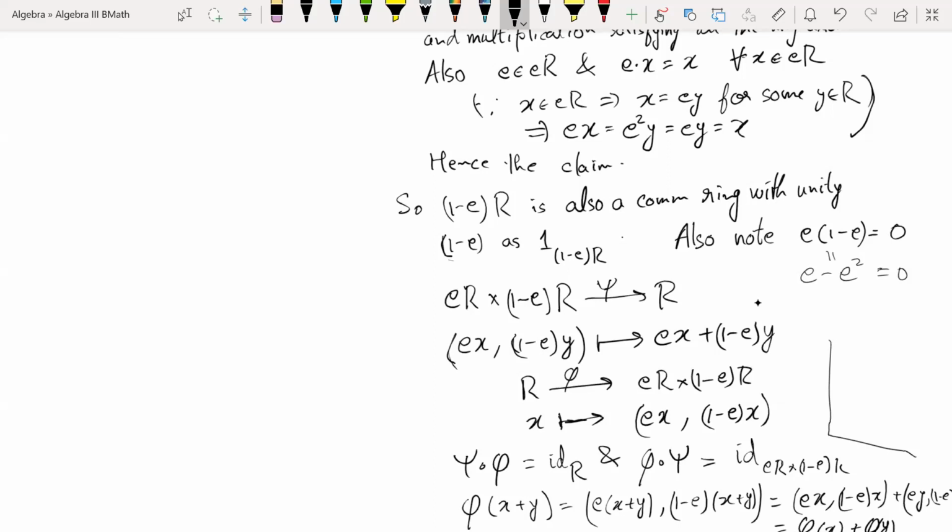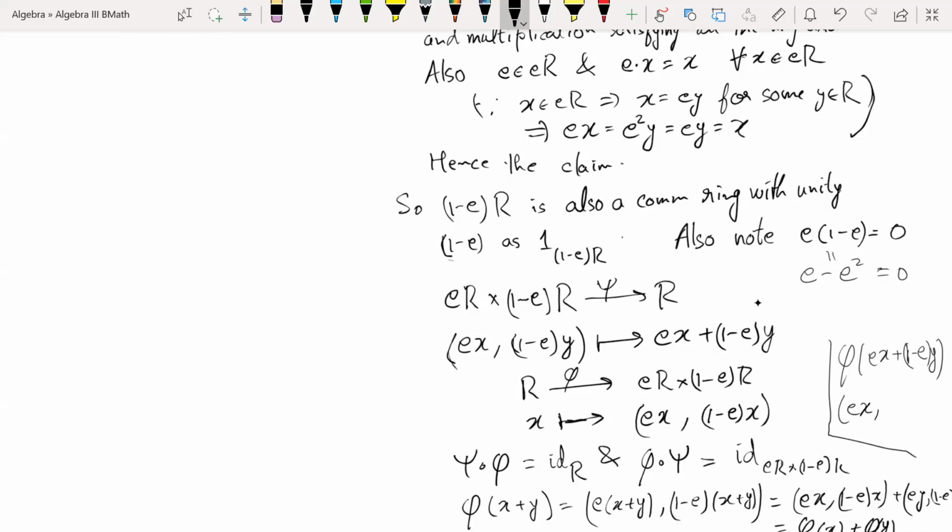We just have to compute what is phi of EX plus 1 minus EY. So the first component will be E times this element. But E times 1 minus E is 0, so what you get is E square times X, and E square is E.